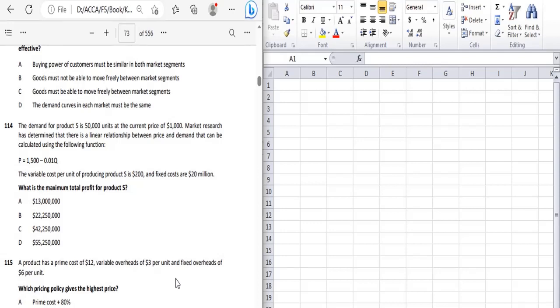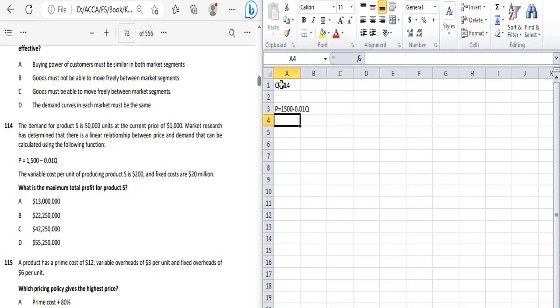So we are given the demand equation already calculated. We don't need to derive it. The variable cost per unit of product is 200 and fixed cost is 20 million. So I will do this question here. The question number is 114. So we have been given the demand equation: price equals 1500 minus 0.01Q.